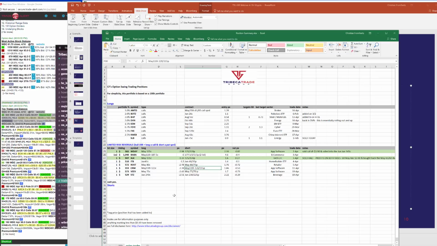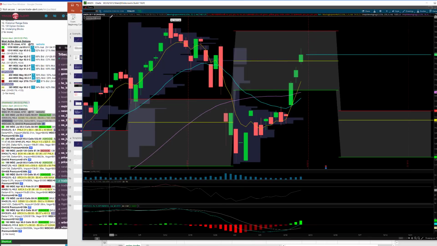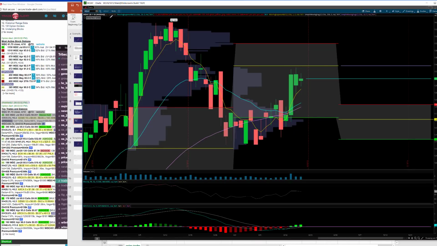This is a nice play because Salesforce, or Workday, or any of these names, they're not cheap options. They're expensive. So selling a put spread helps you get into the trade and profit from it if it moves in your direction. Just as Webb was saying, you look at Workday, and I don't have the option chain up right now, so let me see if I can find it.